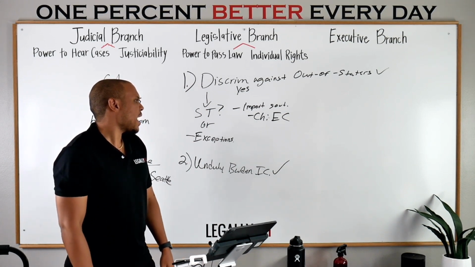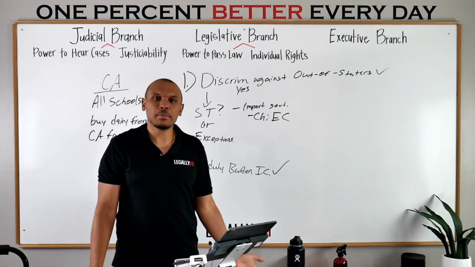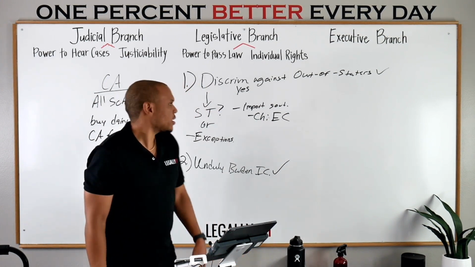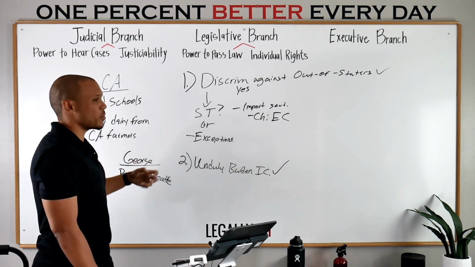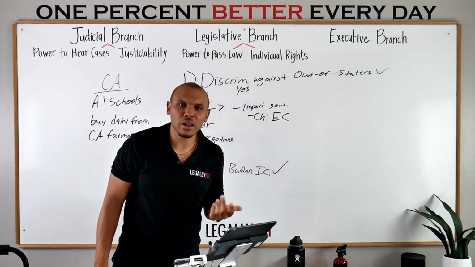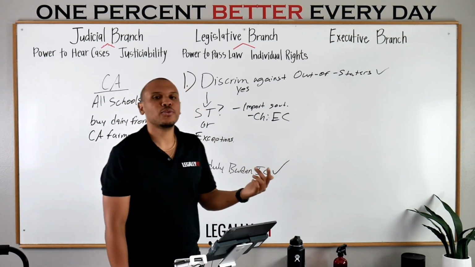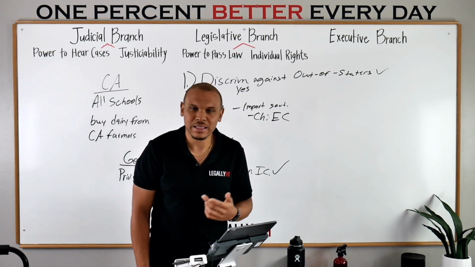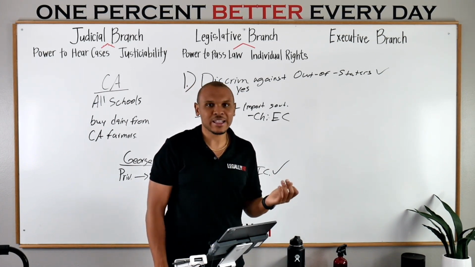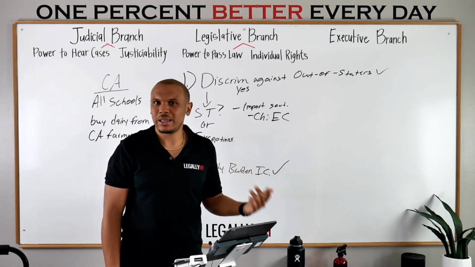And then also, is this necessary? Even if this was an important government interest, is this law requiring all schools to buy from California farmers necessary to have more California farmers? No. You could have more California farmers by doing a new tax incentive program where you're giving tax breaks to those that switch to the profession of being farmers within the state of California.